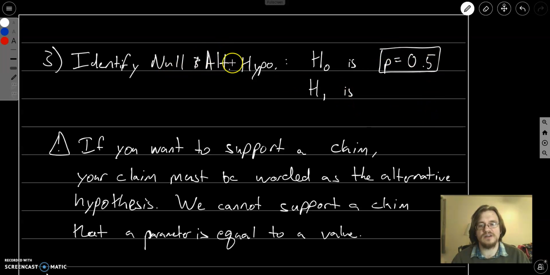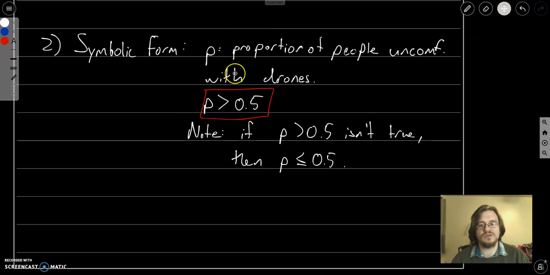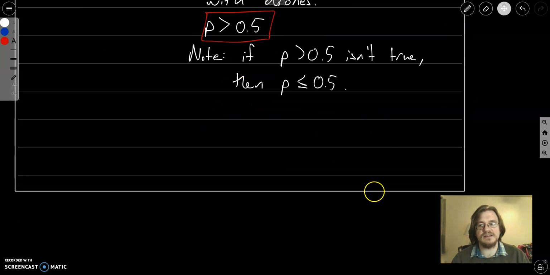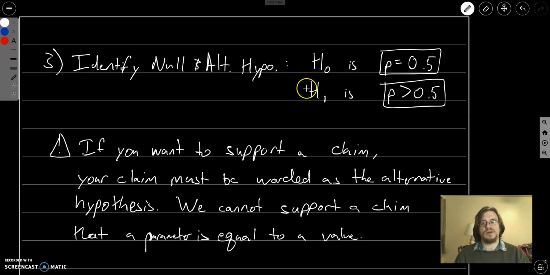Whereas the alternative hypothesis, typically we choose the claim that we are making to be the alternative hypothesis. So the alternative hypothesis, H1, is going to be P is greater than 0.5. So again, what we notice is that the null hypothesis has an equals sign in it. The alternative hypothesis either has a greater than, less than, or not equal to sign in it.